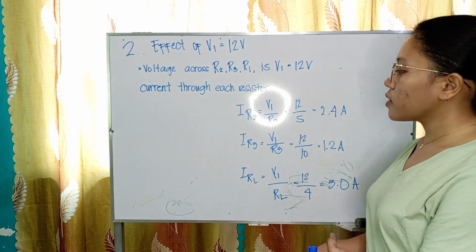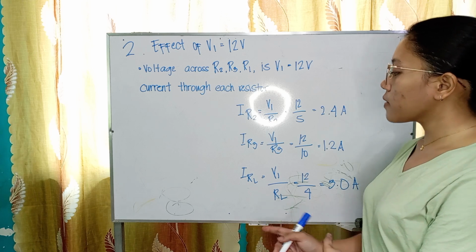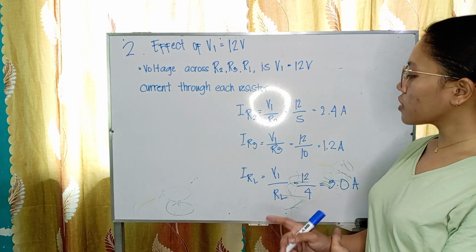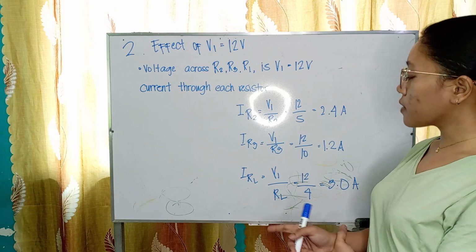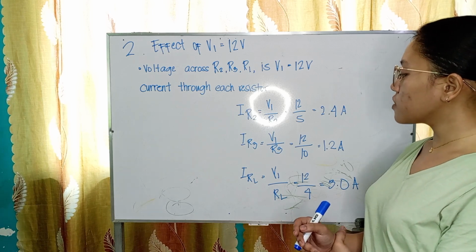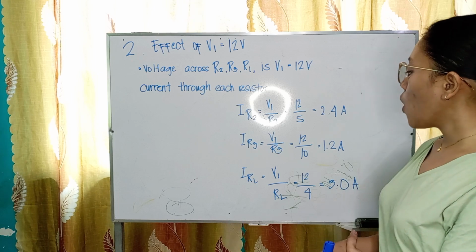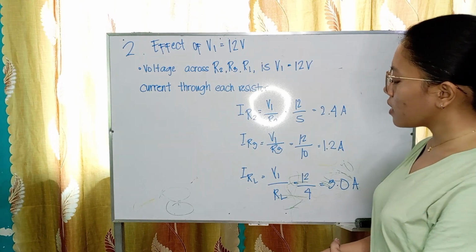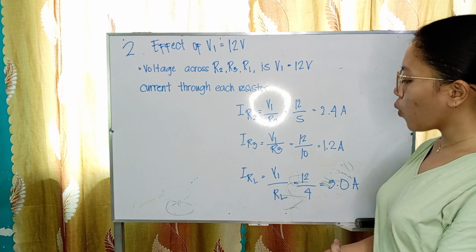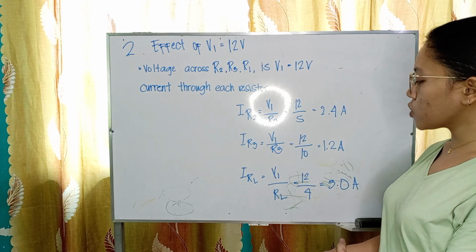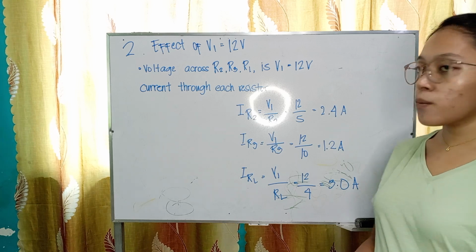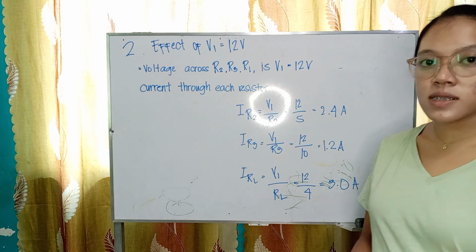For I R sub 3, it is equal to V sub 1 over R sub 3, equal to 12 divided by 10, equal to 1.2 amperes. And for I R sub L, it is equal to V sub 1 over R sub L, equal to 12 divided by 4, equal to 3.0 amperes.